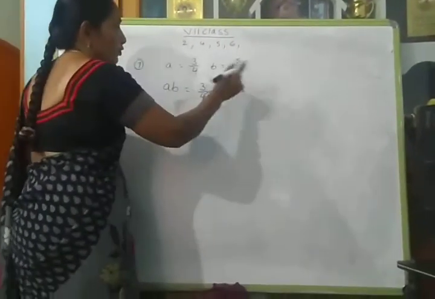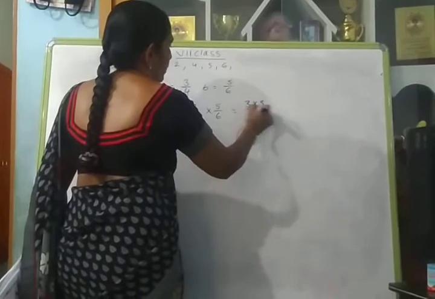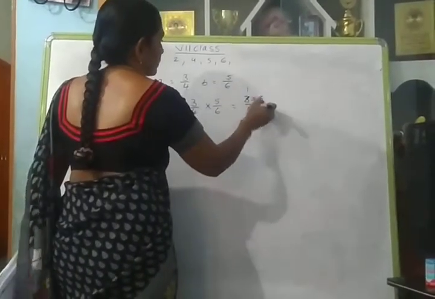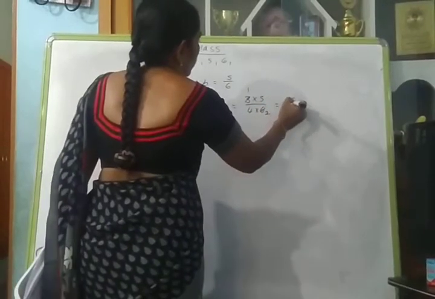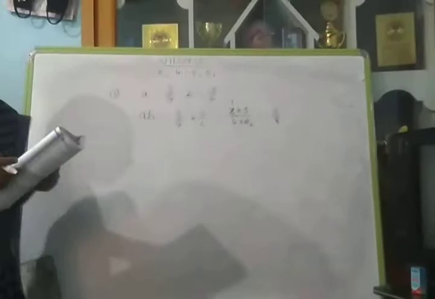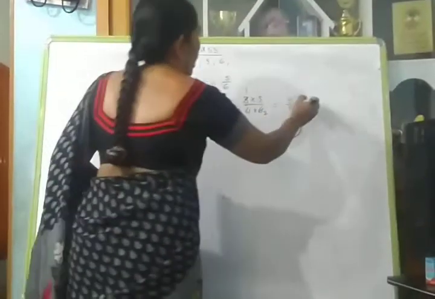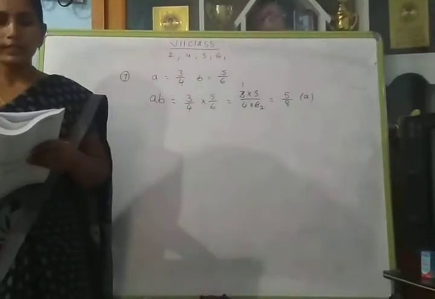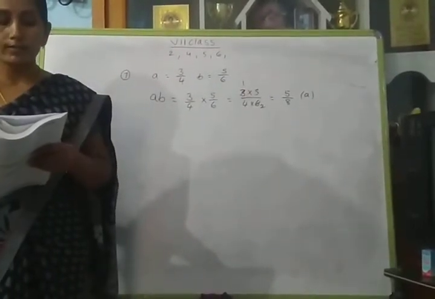So product of numerators 3 into 5 by product of denominators 4 into 6. Here 3 ones are 3, 3 twos are 5 ones are 5 by 4 twos are 8. So 5 by 8 answer. Option A is correct.